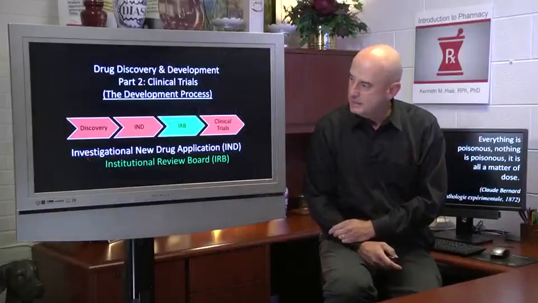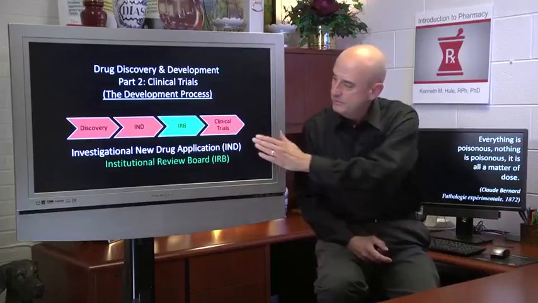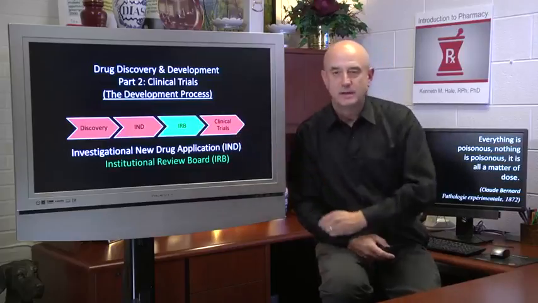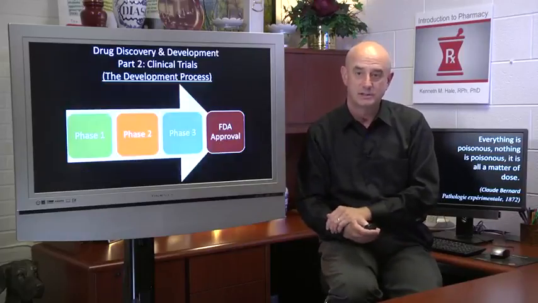Once this IND has been filed and approved, and once the IRB does their work, then we might move this drug into clinical trials, which will be a very significant part of this drug development process.